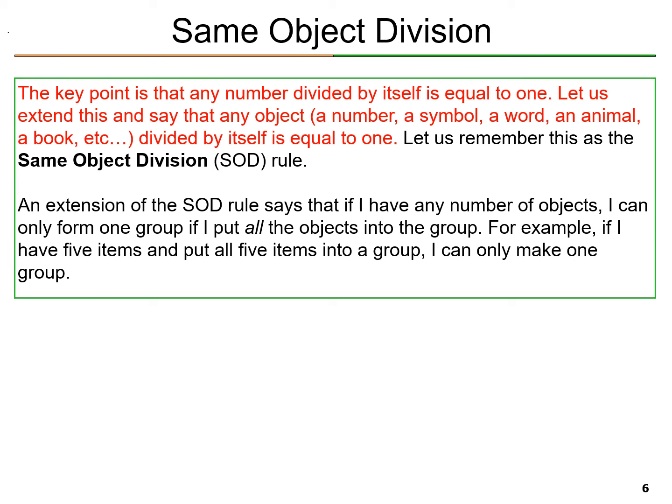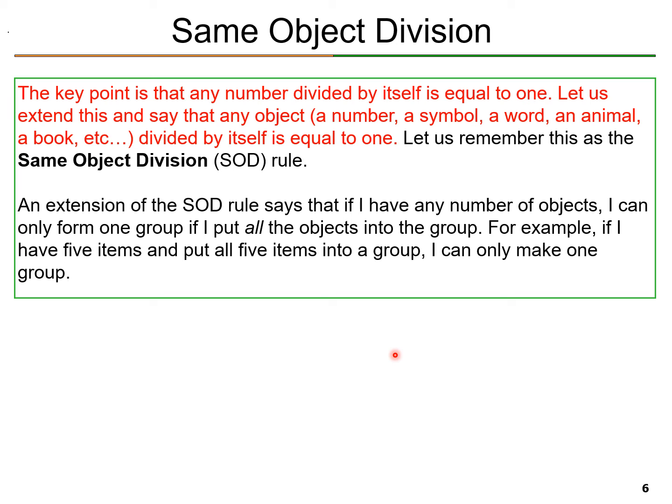Okay, same object division is a concept that I created. And the key point is that any number divided by itself is equal to 1. And let us extend this and say that any object, a number, a symbol, a word, an animal, a book, whatever, divided by itself is equal to 1.